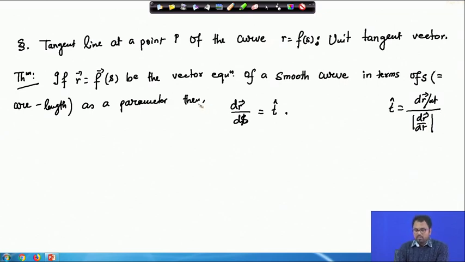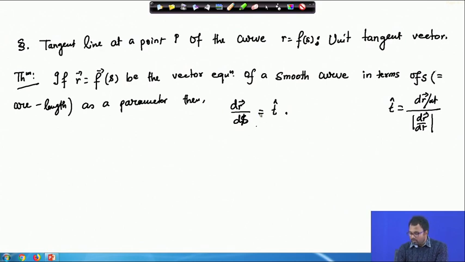But this theorem says that if we have an equation r equals f(s) of a smooth curve, then the unit tangent vector is given by dr/ds. So, if we differentiate r with respect to the arc length as a parameter, the first order differentiation will give us the unit tangent vector.